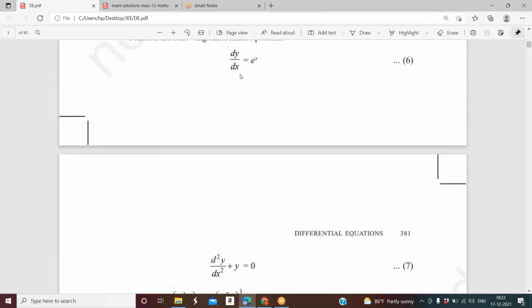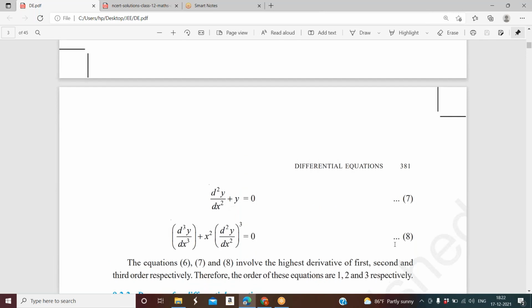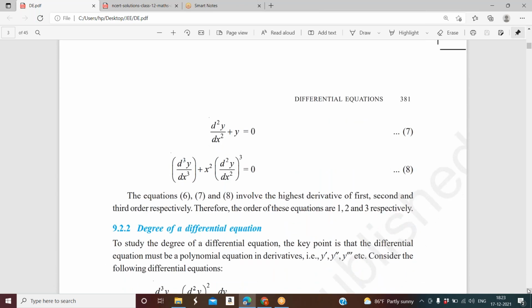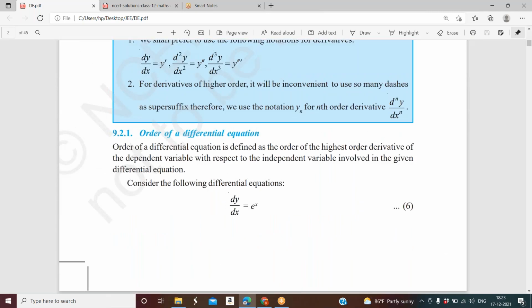So in this sixth equation, this is the first derivative. In the seventh equation, it contains the second derivative, second order, and in the eighth equation, it contains the third order derivative. Therefore, the order of these equations is the highest order derivative.